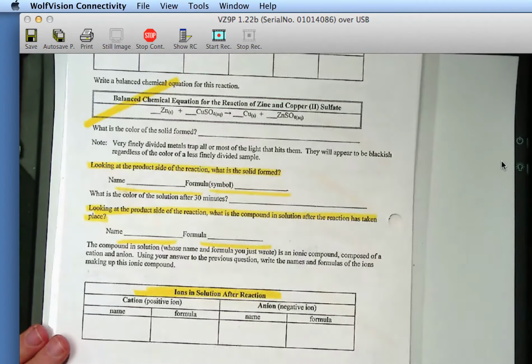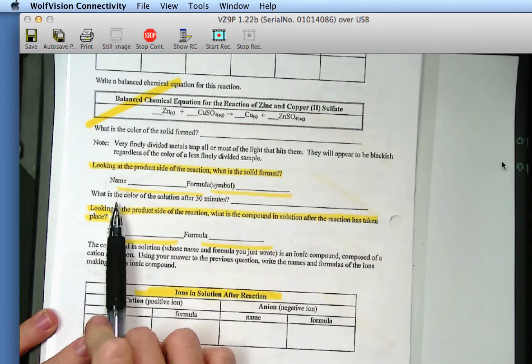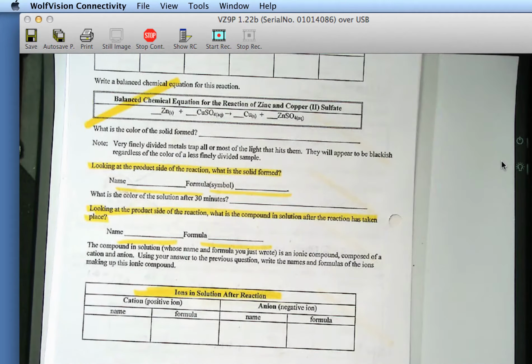All right, then on page 80, all of these that are highlighted, I want you to complete. But any of the boxes that aren't highlighted, you don't have to complete.